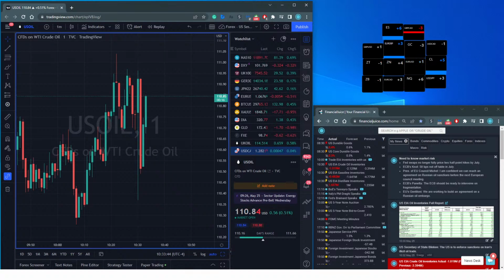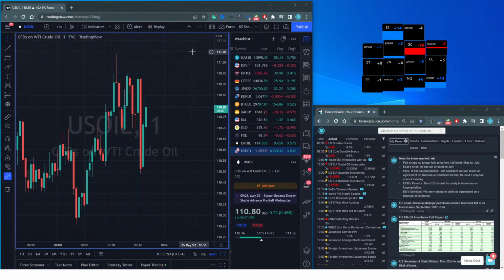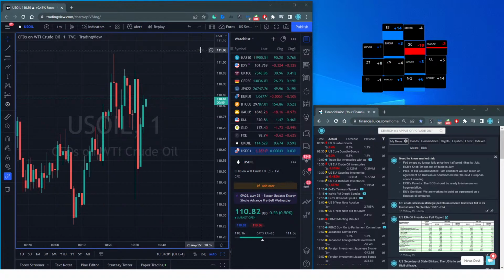One thing to consider though, if you're trading the markets, one thing to understand and be aware of is news such as the Hungary news, which looks to be an impasse for the European Union when it comes to potentially having an embargo on Russian energy, and also how China lockdowns are having an effect on the crude oil markets.